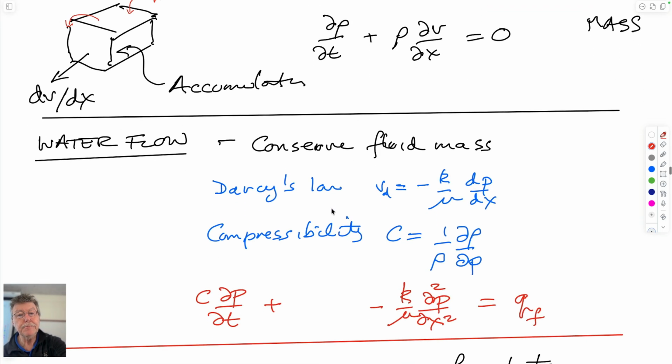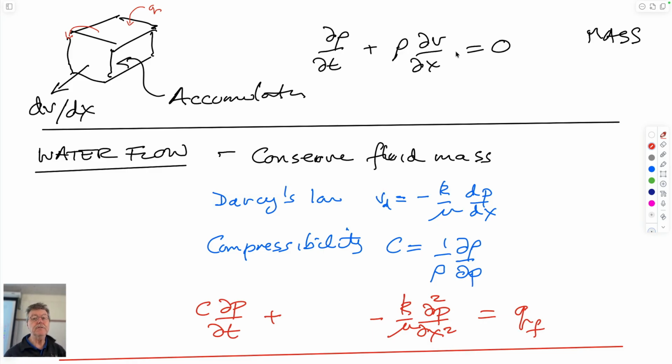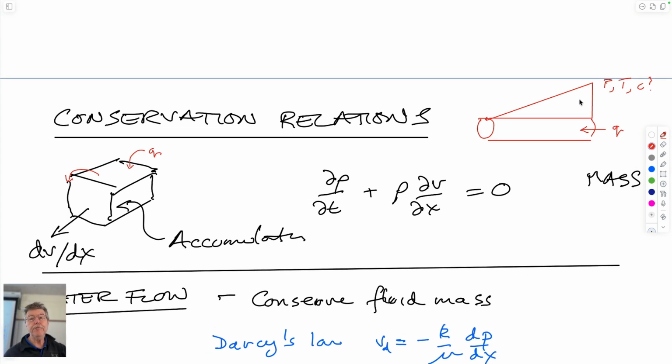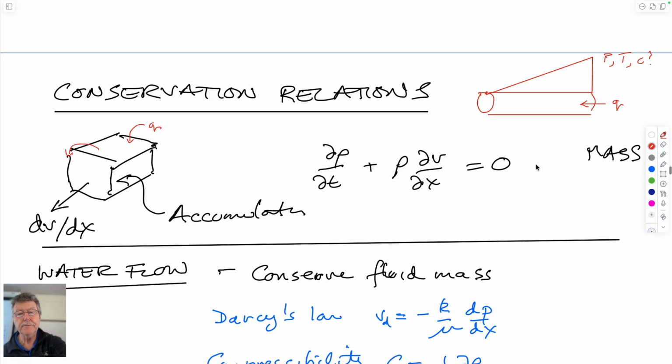If we use this expression but just use different dependent variables to represent these three processes, the three processes will be Darcy's law for fluid flow, Fourier's law for temperature, and Fick's law for diffusion for mass transport of components dissolved in water.